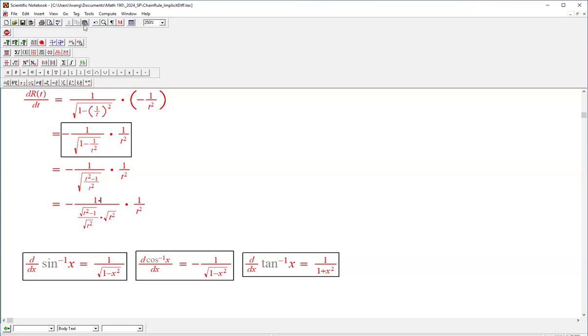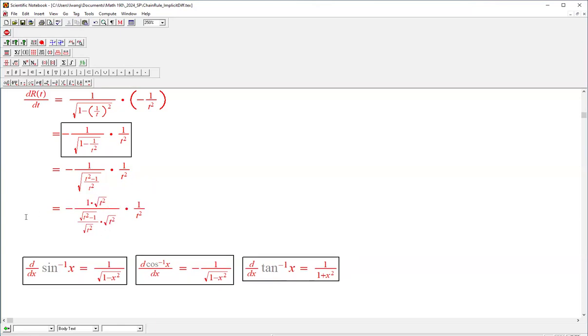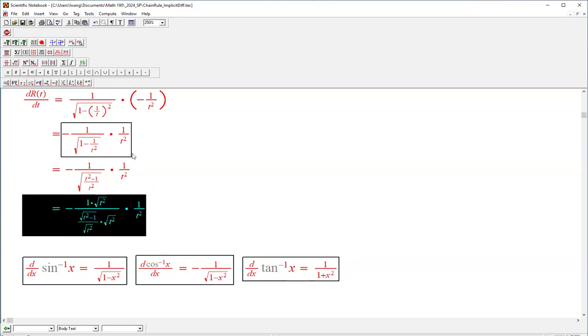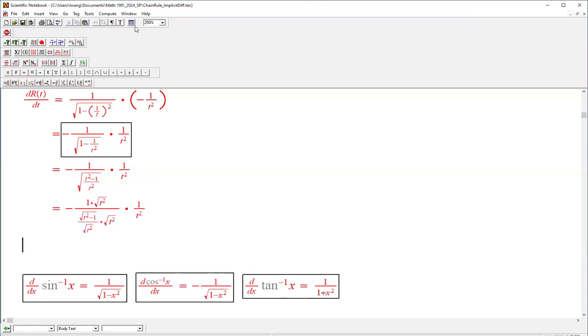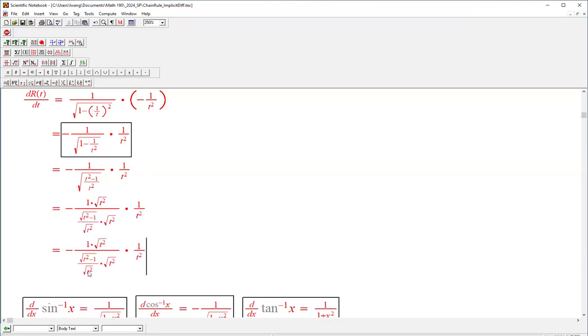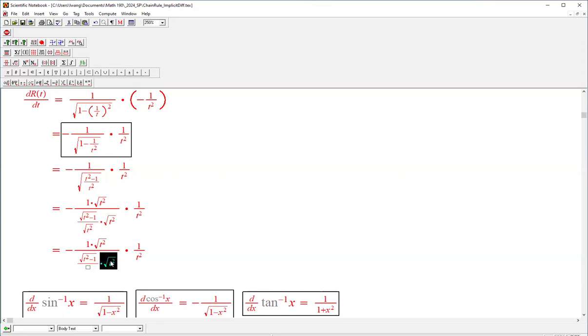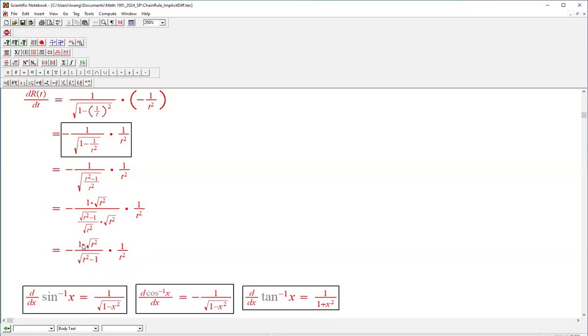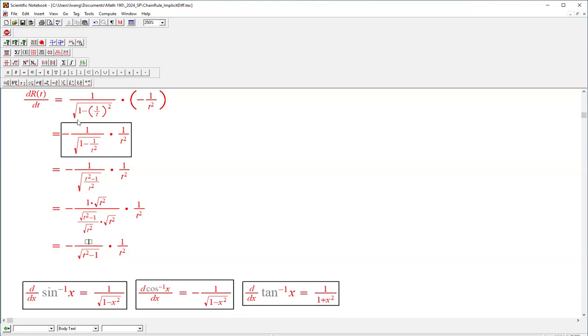Then what we will see is that this is gone, and that's what we have: 1 multiplied by the square root of t squared, and this actually equals the absolute value of t.